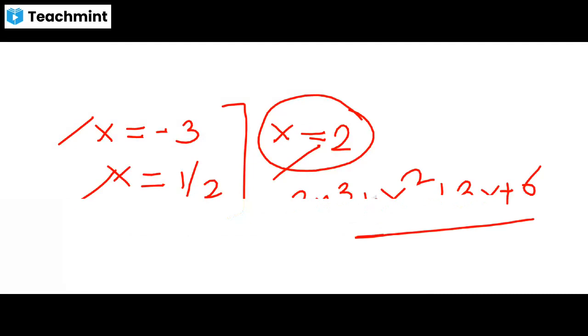You can put these roots here and cross check that they correctly satisfy this cubic polynomial. So this was all about Horner's synthetic division method, and by far it is the easiest and simplest way to solve a cubic polynomial. Thank you.